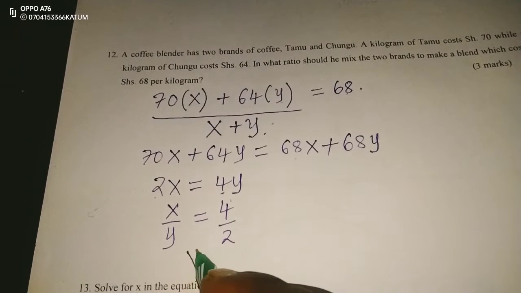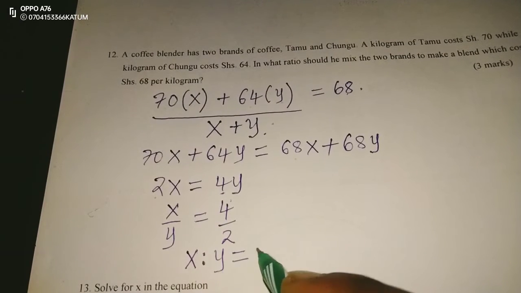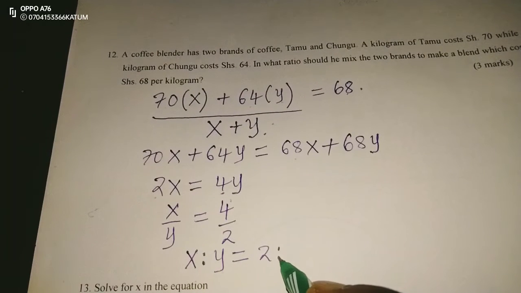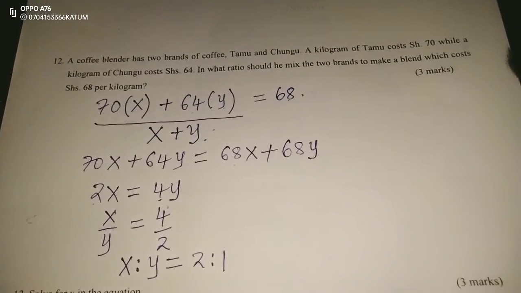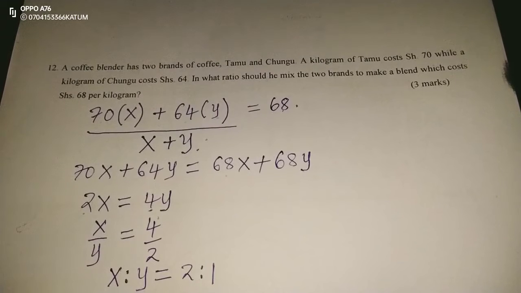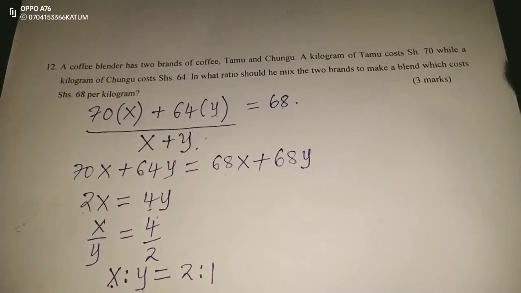So the ratio of x is to y equals 2 is to 1. I'm letting the number of kilograms of tamu be x and chungu be y. That means this is the ratio of tamu is to chungu.